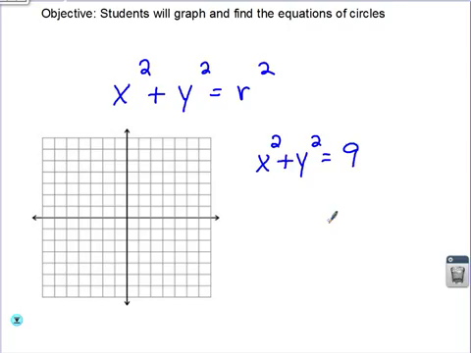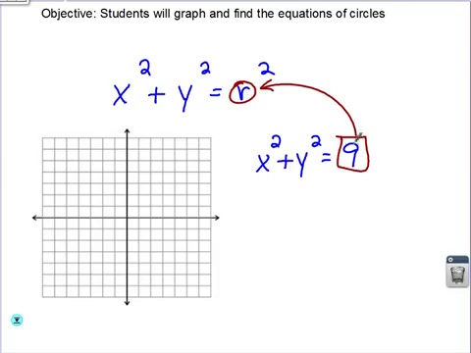Now the question is, how big is the circle? This tells you how big the circle is. The 9 is not the radius. The 9 is in the place of r squared. So the radius squared is 9. What number could I put right here to give me 9? The radius is 3. This is a circle with a radius of 3.